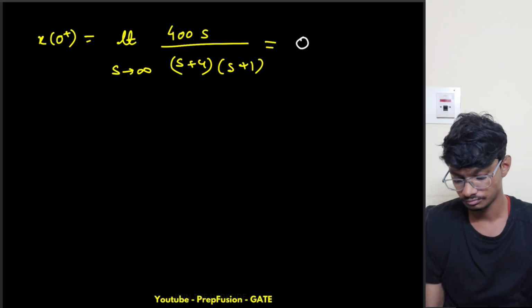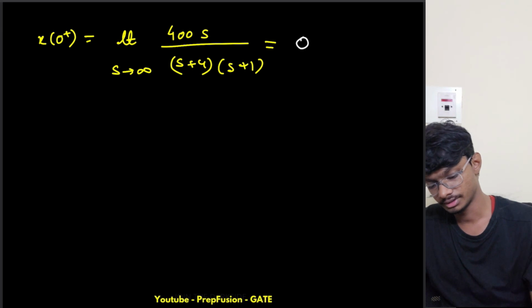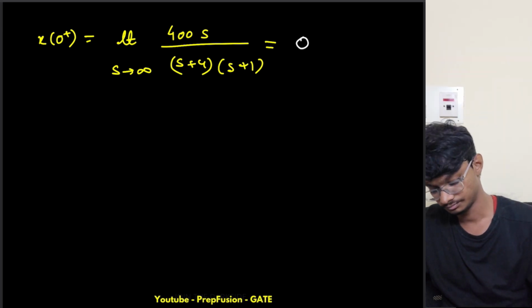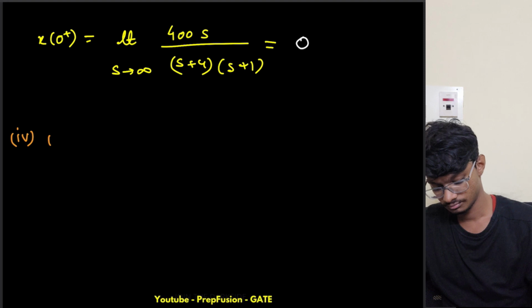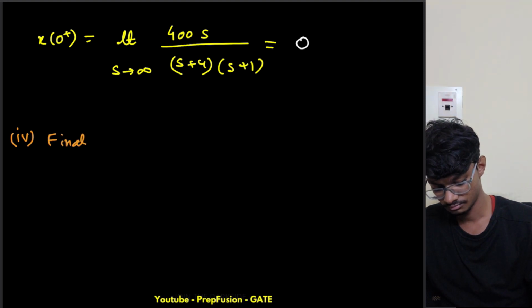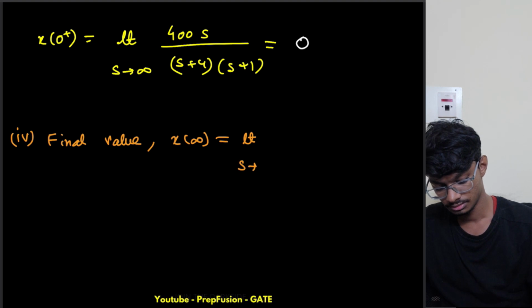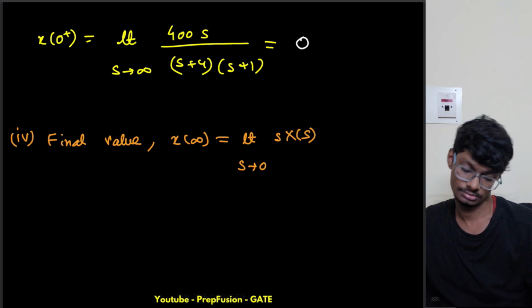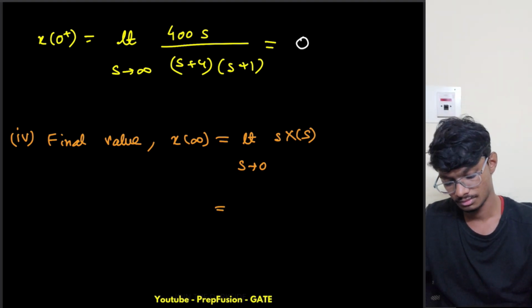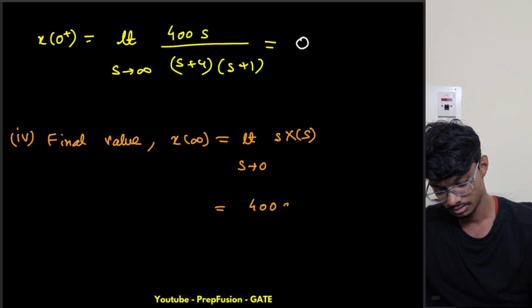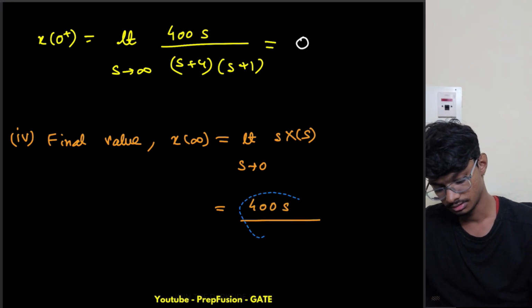Okay, so now what is the final value? Final value x of infinity is limit s tending to 0 of s X of s. So what is this equal to? Simply 400 s, this will be only equal to 0.